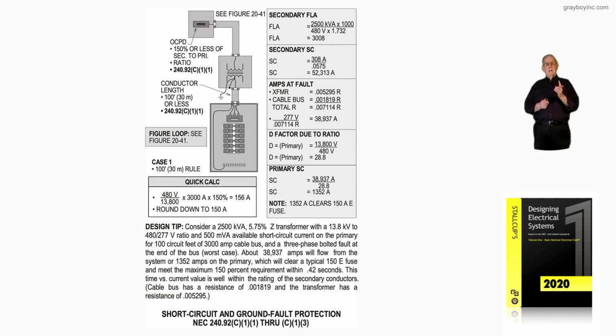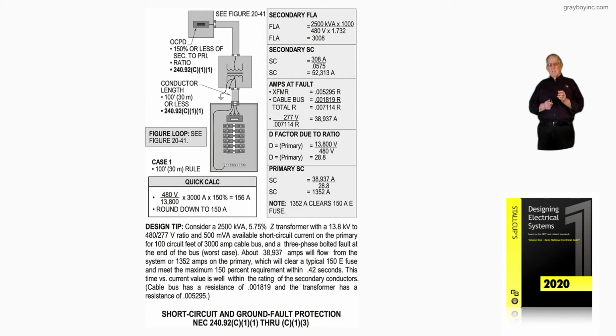Look at the protective device on the primary side. The 150% rule or less to the secondary to primary voltage ratio is met here. We haven't exceeded the 150% there if we had a 150 amp main.